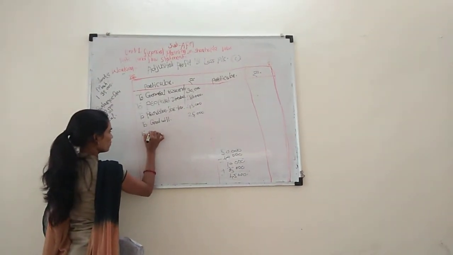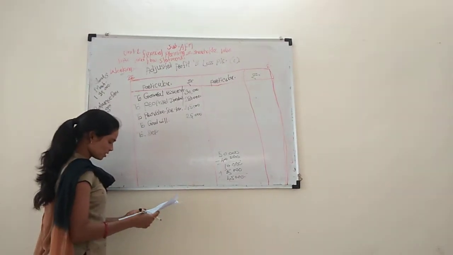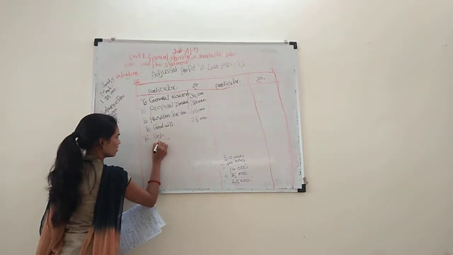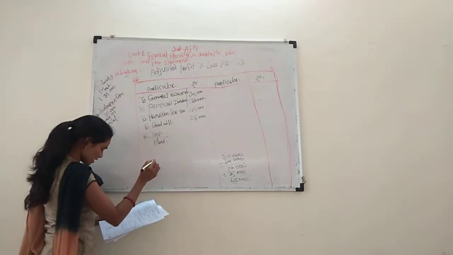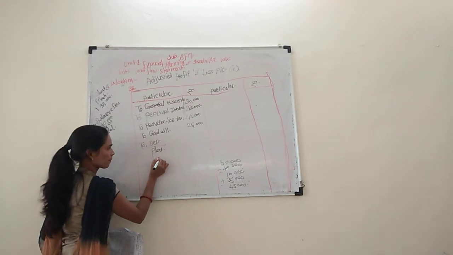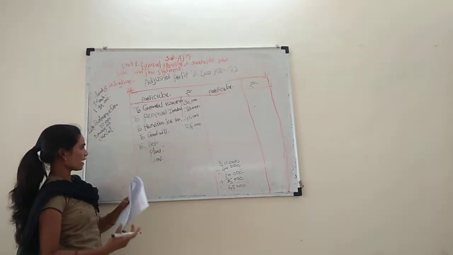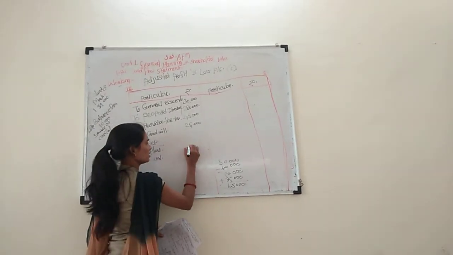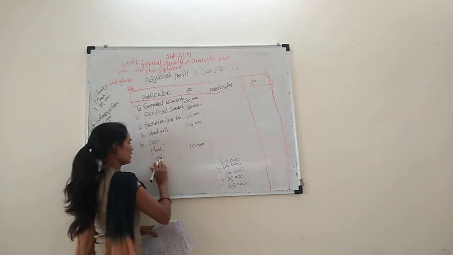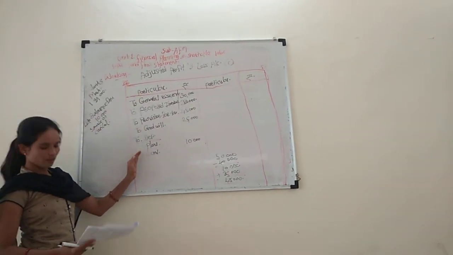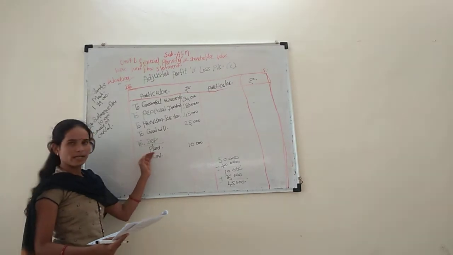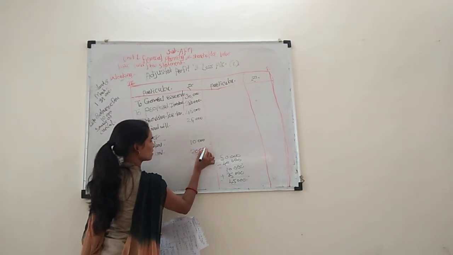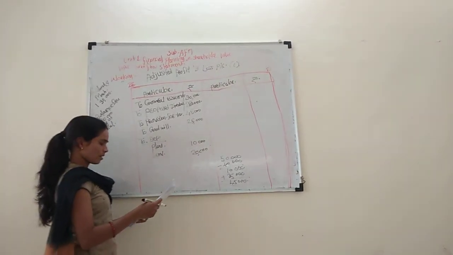So the additional information, depreciation: first one is plant and second one is land and building. 10,000 depreciation on plant and 20,000 depreciation on land and building.